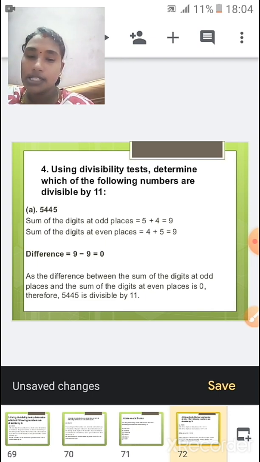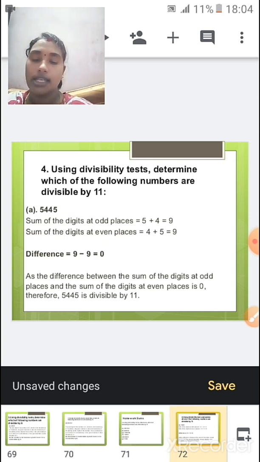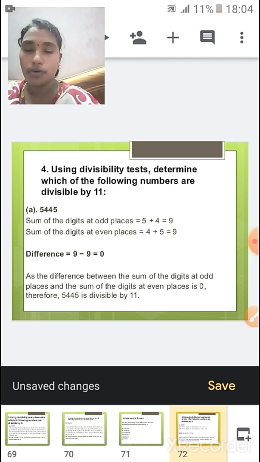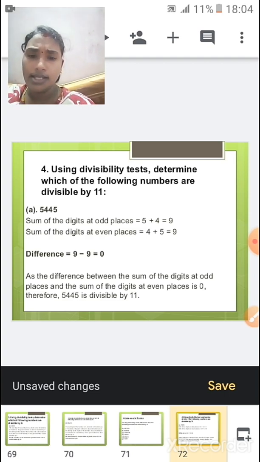So as the difference between the sum of the digits at the odd places and the sum of digits at the even places is 0, then it is divisible by 11. So 5,445 is divisible by 11.